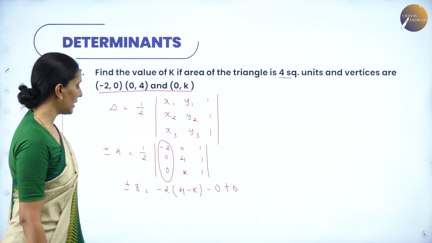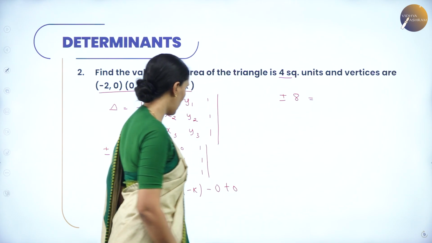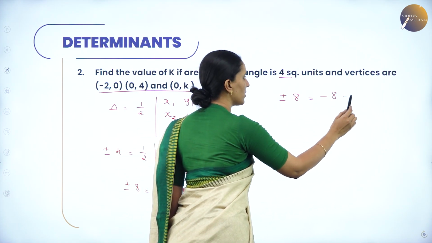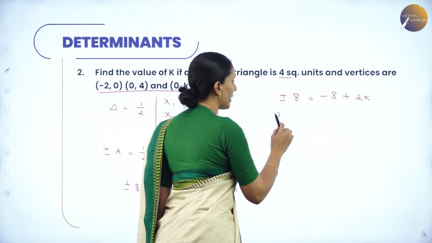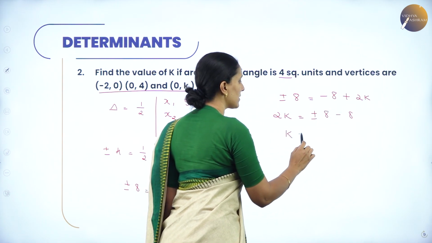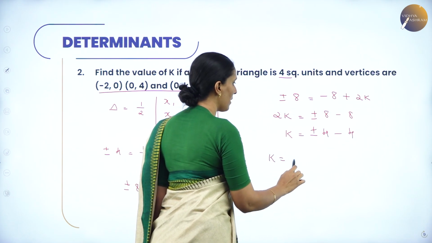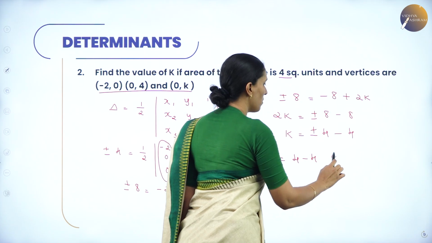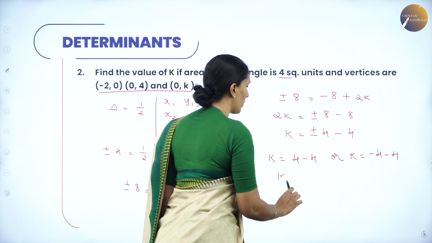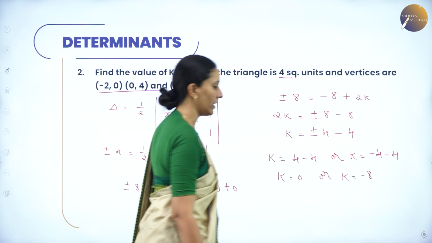So plus or minus 8 is equal to minus 8 plus 2k, or 2k is equal to plus or minus 8 plus 8, so k is plus or minus 4 plus 4. So k can be 4 plus 4, or k is minus 4 plus 4. Therefore k is equal to 0 or k is equal to minus 8, is the answer.